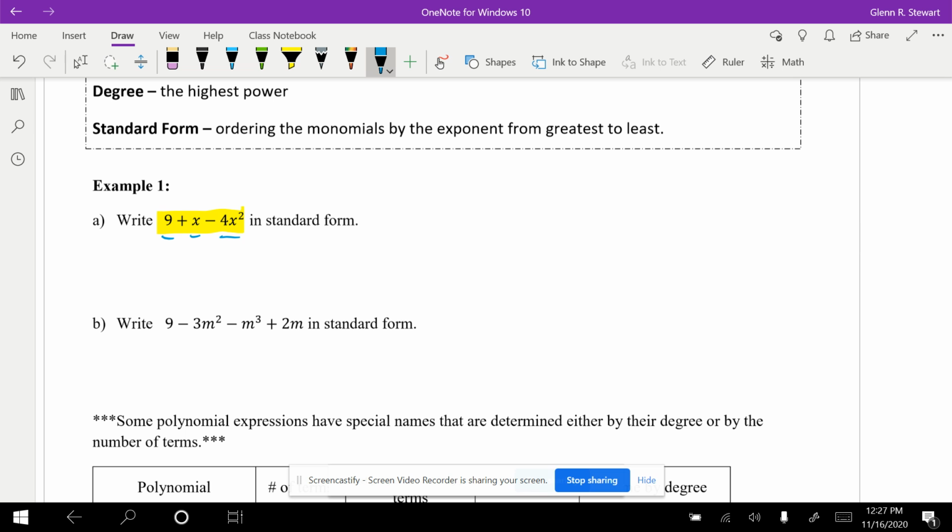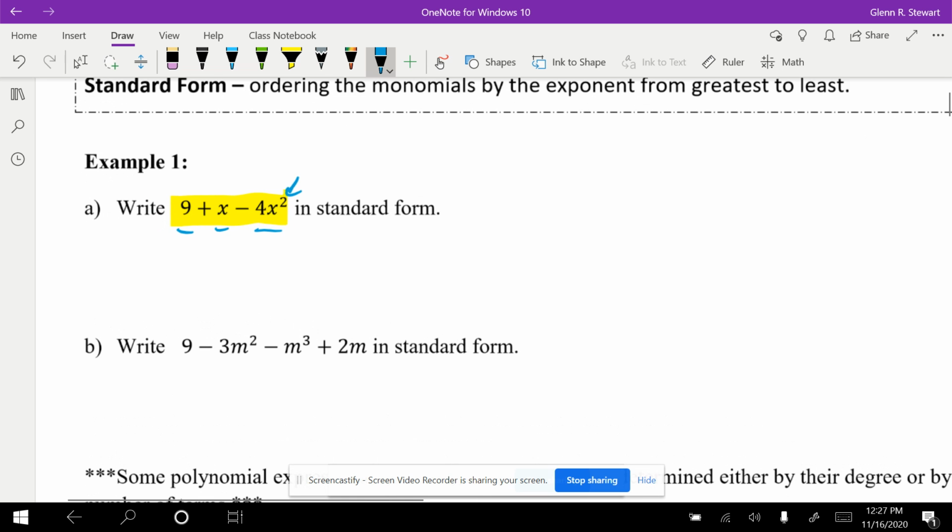In order to write this in standard form, we look at what the degrees are. Degrees are literally just the highest exponent value that you possibly have. So if I'm looking at these situations, 4x squared has a 2. x has a 1, and 9 actually has an x to the 0 power, because anything to the 0 power equals 1.